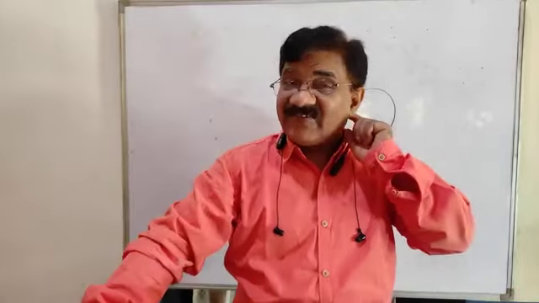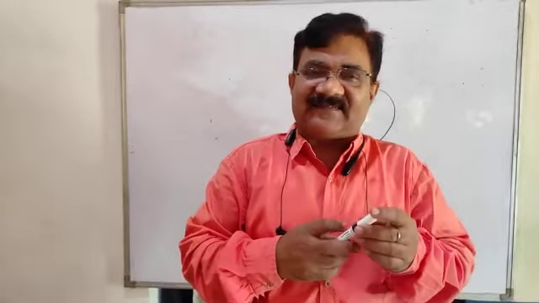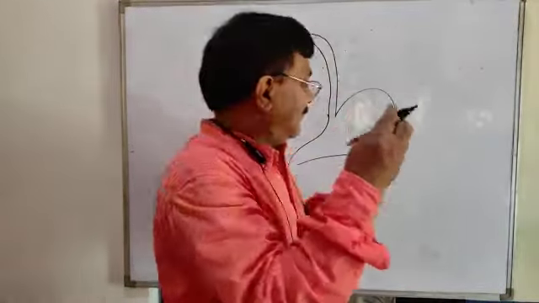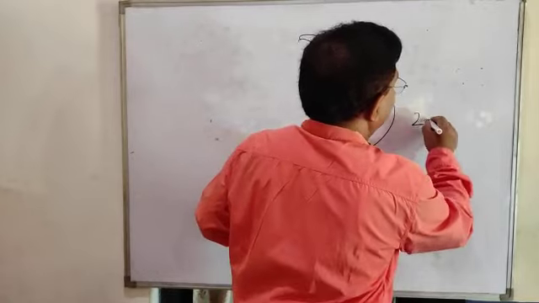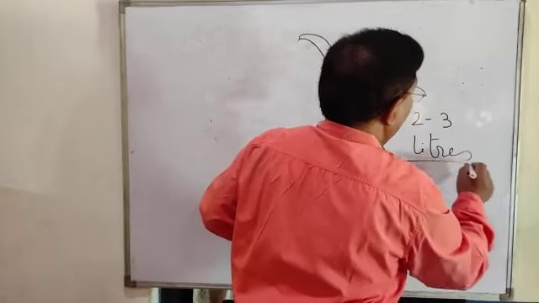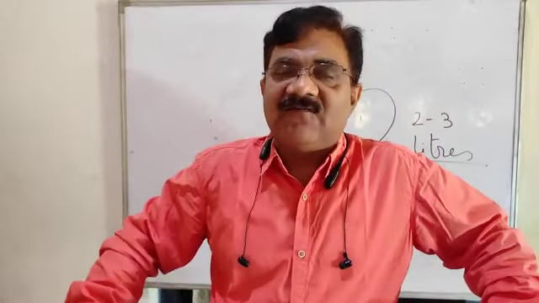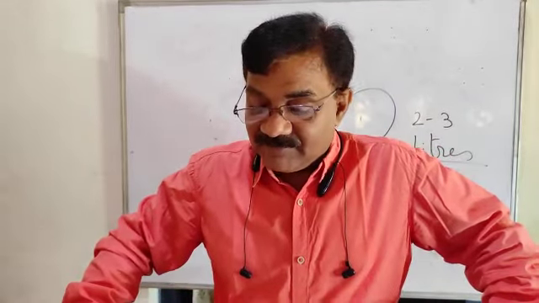So it is a J-shaped, muscular, elastic body, and in an adult it can hold 2 to 3 liters of food at a time, because there the food is in liquid form.